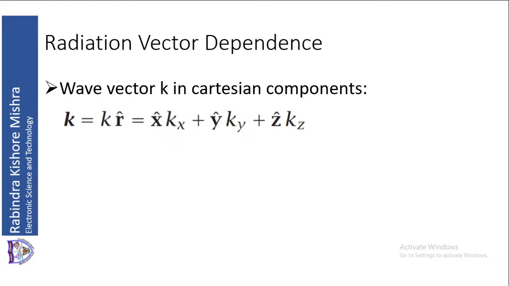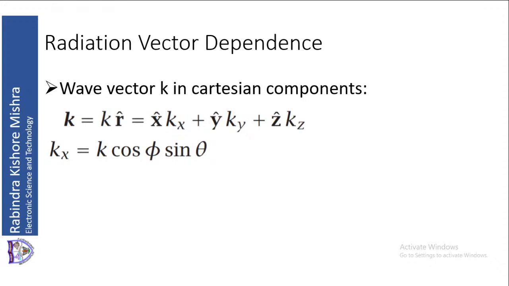Why k r cap? Because k gives you the wave vector, and that is along the direction of propagation. The direction of propagation is along r cap, because the electromagnetic wave from the antenna propagates in the radial direction. Since it propagates along the radial direction, it is always r cap. So k is equal to k r cap.